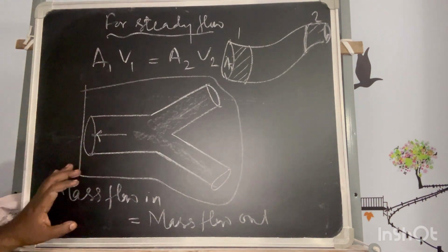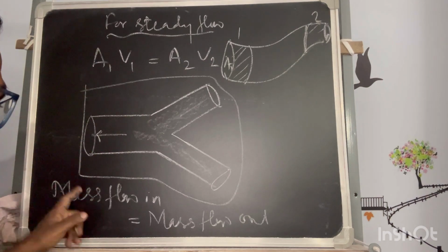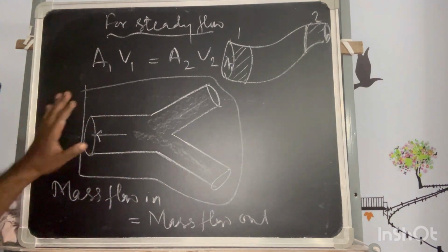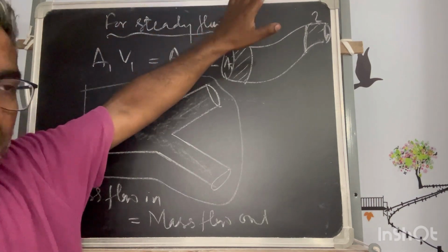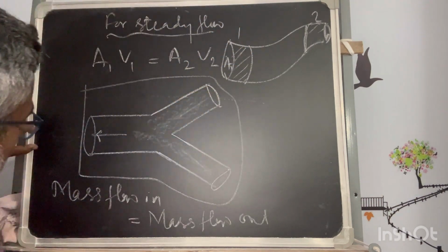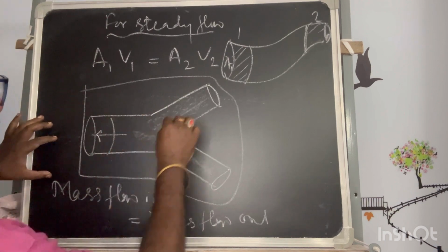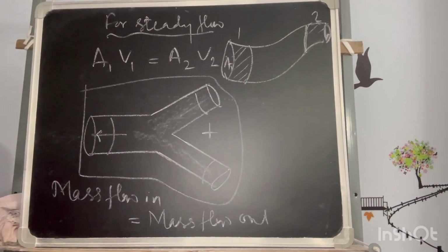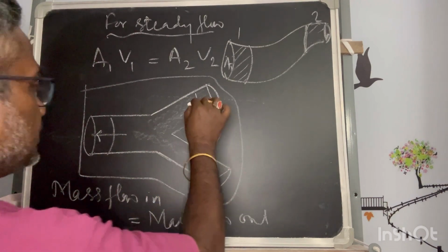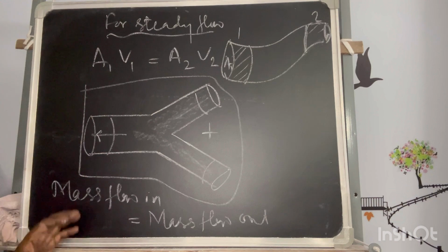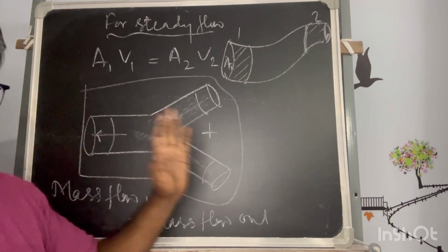We are only saying that mass flow in has to be mass flow out for steady state flow. So if there is one path distributed into two, the mass flow rate here has to be the same as the sum of these two mass flows, or if it is coming through these two, we add them up and get the same mass flow rate at this end.